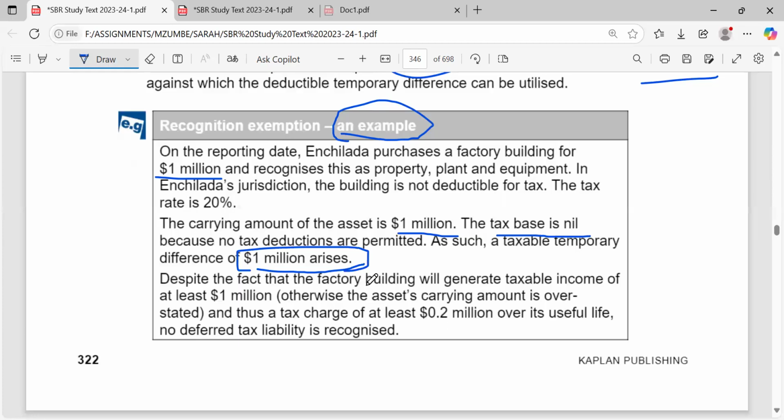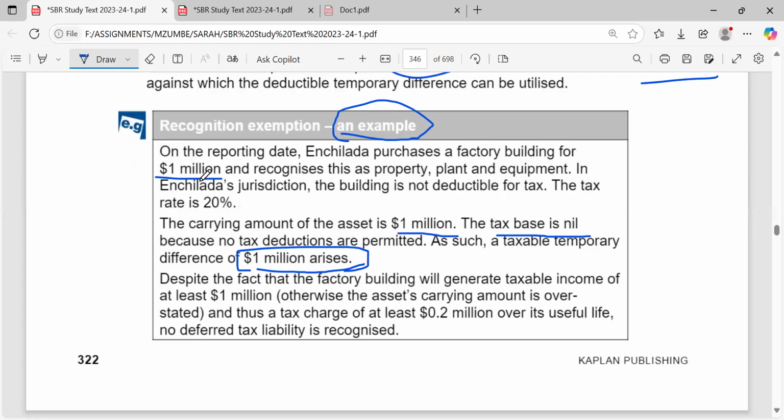So despite the fact that the factory building will generate taxable income of at least $1 million, otherwise the asset's carrying amount is overstated, let's presume that it can generate what it has, right? We're not speaking of impairment here. We presume maybe this carrying amount can actually be recovered. And that's a tax charge of at least $0.2 million.